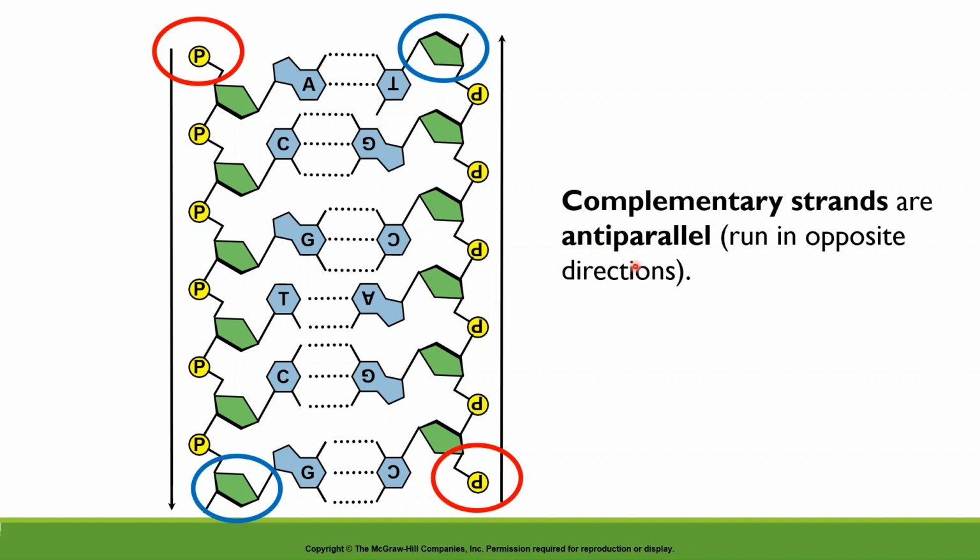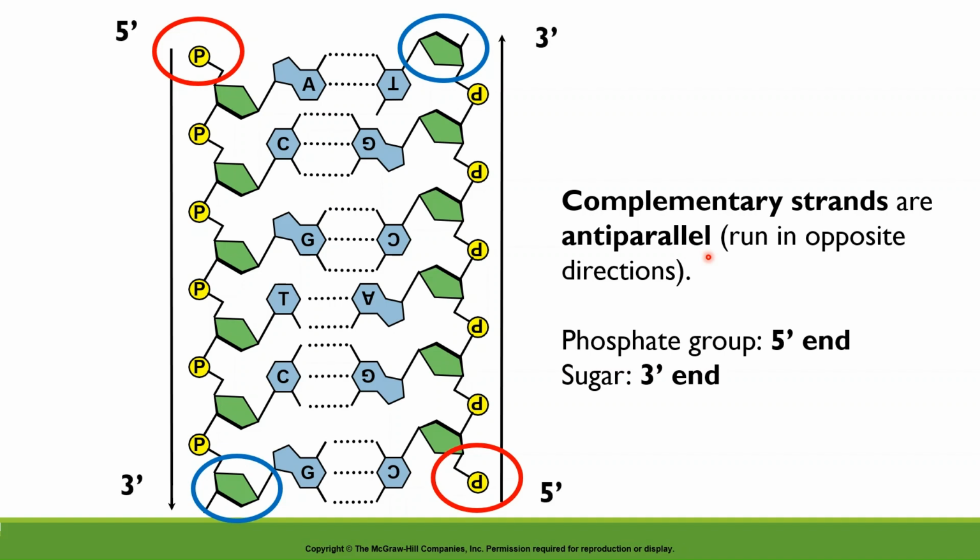So they're considered anti-parallel. Think of it as a two-way street. One lane goes one way, the other lane goes the other way. So we have these ends, the 5' phosphate end and the 3' sugar end, that we can take a look at on any strand of DNA.